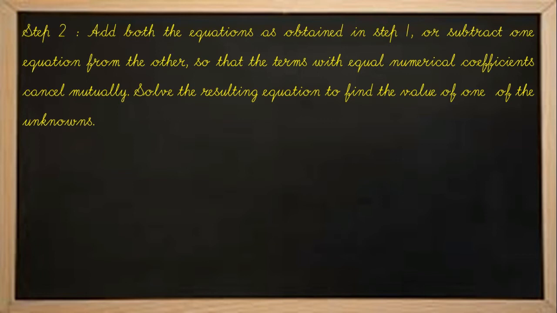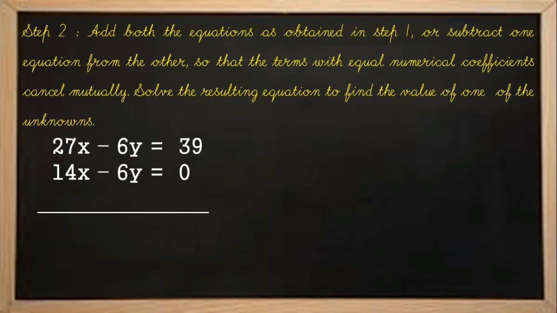As we have equated the variable y, just observe the equation here. 27x minus 6y is equal to 39. 14x minus 6y is equal to 0. As we have equated the coefficients of y, we have to eliminate y. That is the condition. Now, how to eliminate? You have an option. Either you can add the equations or you can subtract the equations.